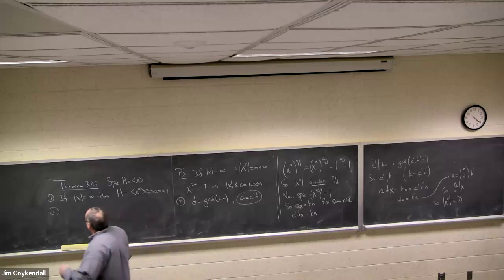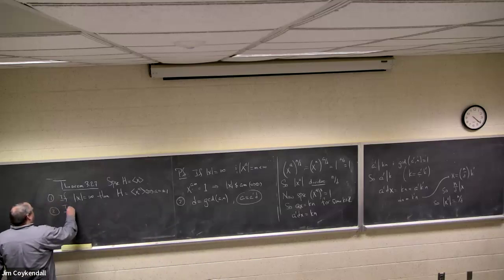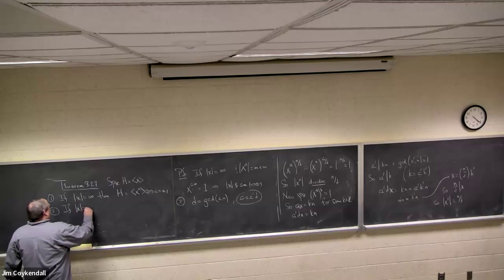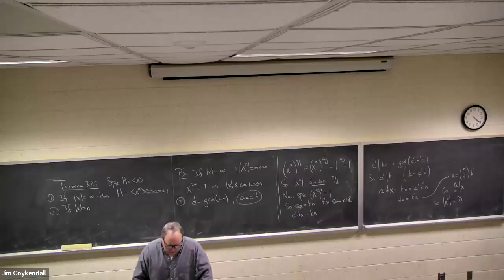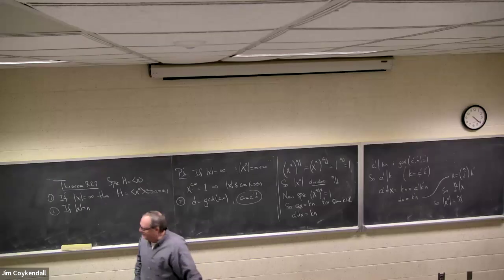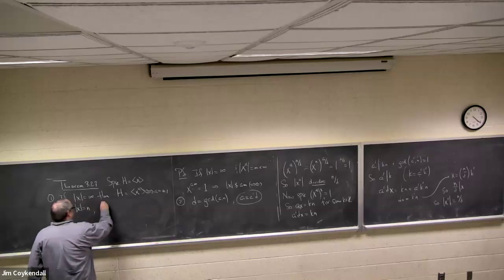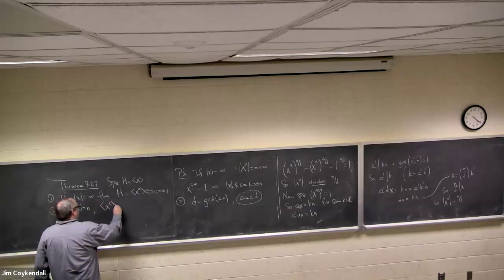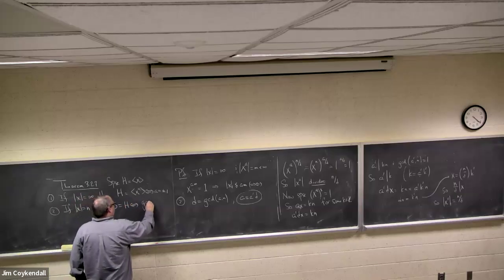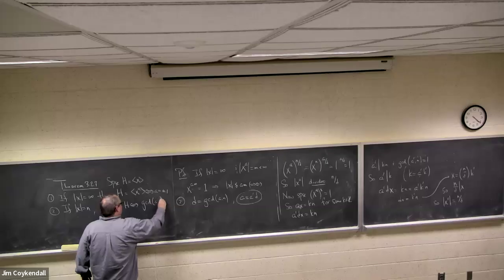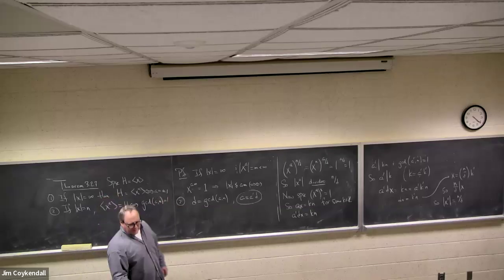If the order of x is n, and here I mean a finite n, then x^a generates H if and only if gcd(a, n) is 1.